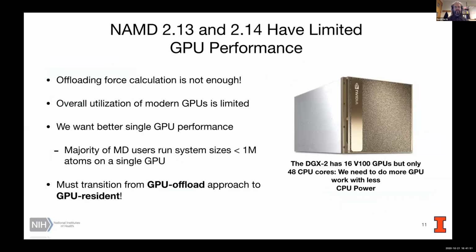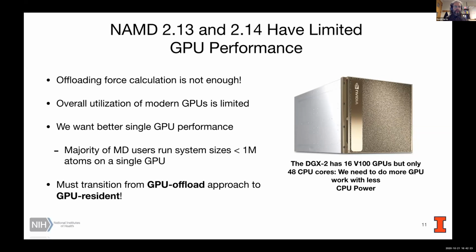And so the problem is that NAMD 2.13 and now NAMD 2.14 have limited GPU performance. And the issue is that offloading force calculation is not enough. Our overall utilization of modern GPUs is limited now by the CPU work. And it's limited by that 1% amount of work that I showed that's just due to the time stepping that is still on the CPU.